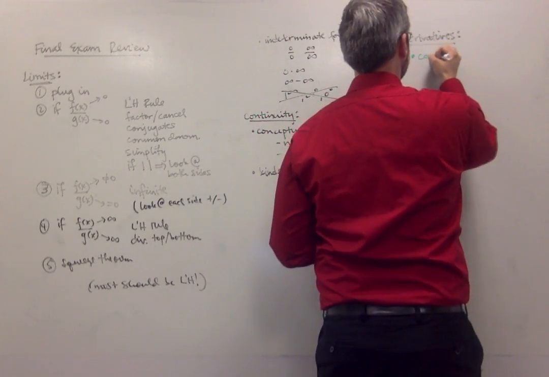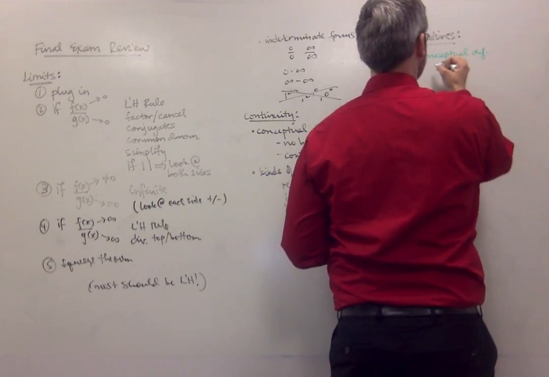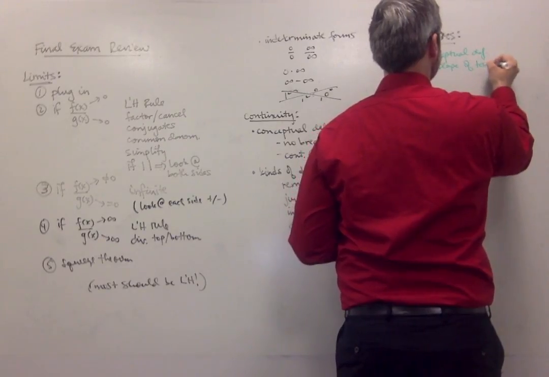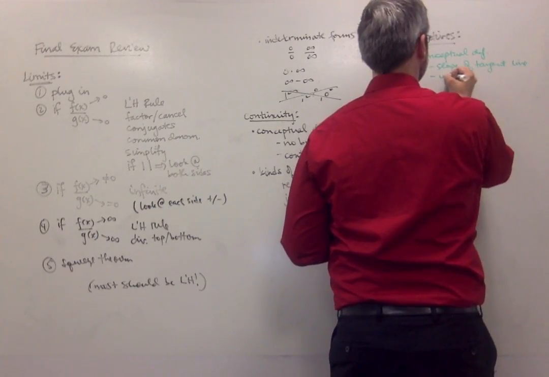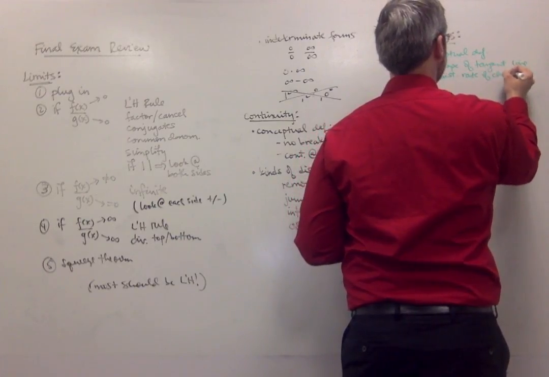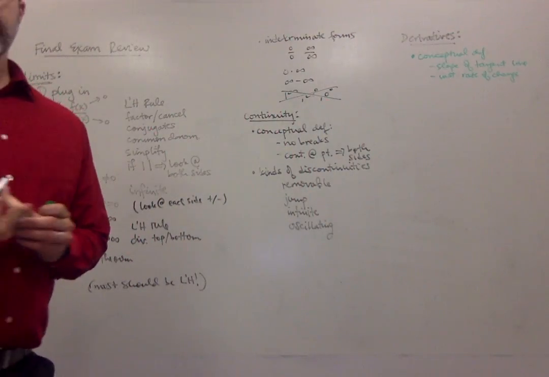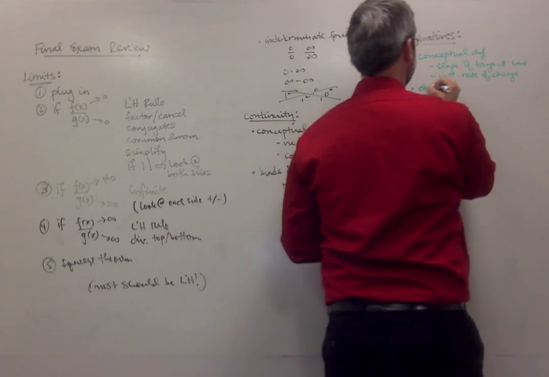All right, you should have a conceptual definition of derivatives. In other words, it's the slope of the tangent line. It's also an instantaneous rate of change, right? Remember us talking about that? We went over derivatives enough, that I want you to know the definition.